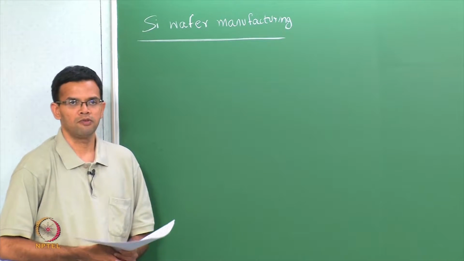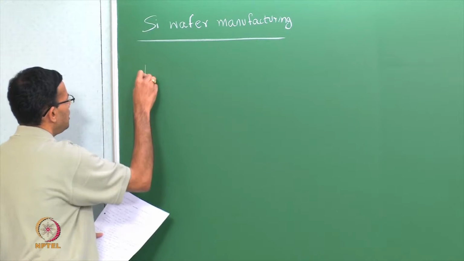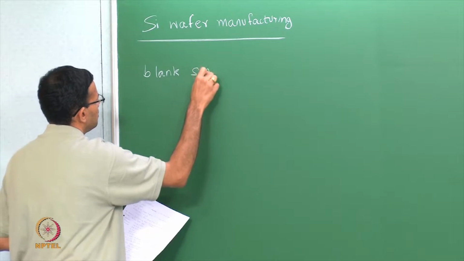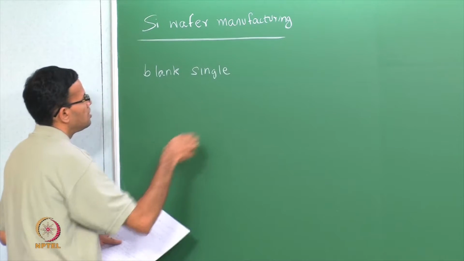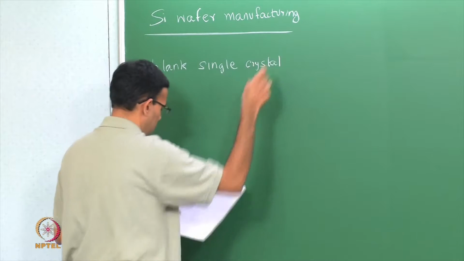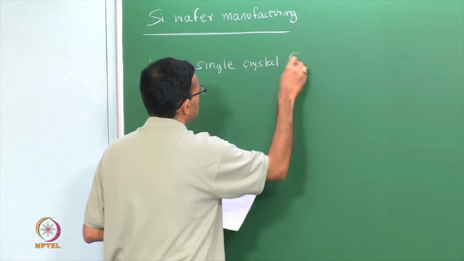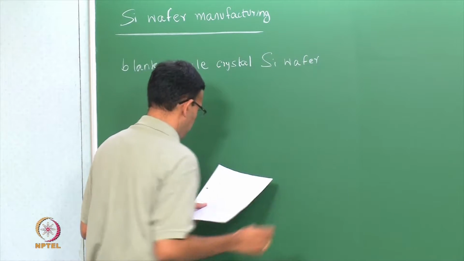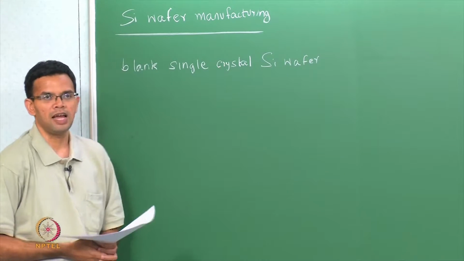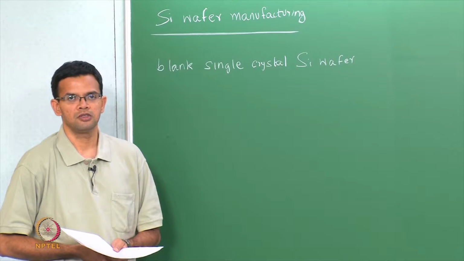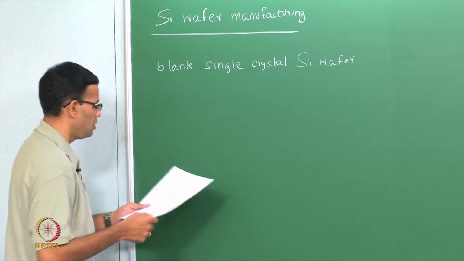So in the case of a fab, the first thing you need is a blank single crystal silicon wafer. This blank wafer goes through all the operations in the fab in order to produce the various components of the integrated circuit.